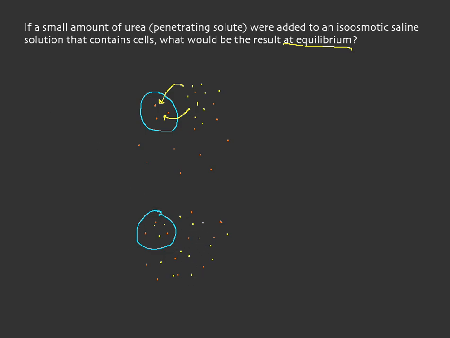So that means that water doesn't actually have to go anywhere. Maybe some leaked out of the cell originally because the solution was hyperosmotic, but at the end of the day, at equilibrium, the solution is again isoosmotic, and so water didn't have to leave the cell or enter the cell. So this would be the result at equilibrium. The cell size would not change.